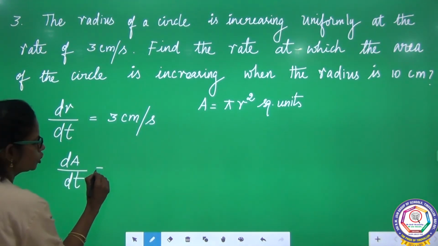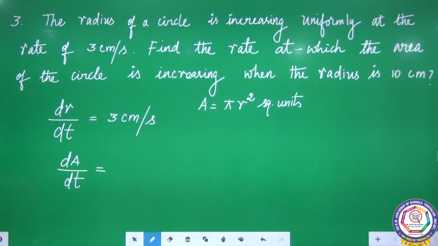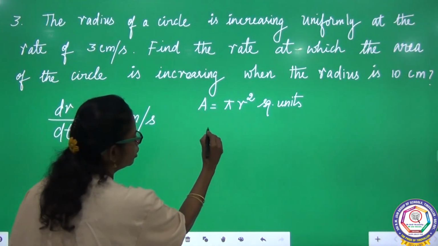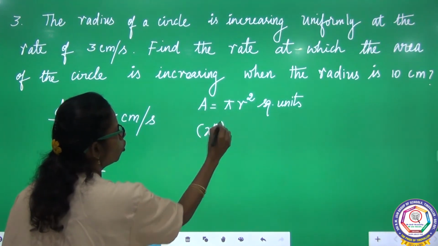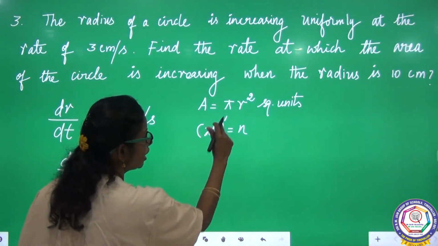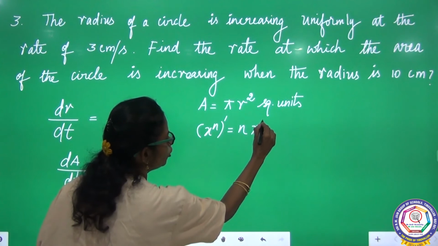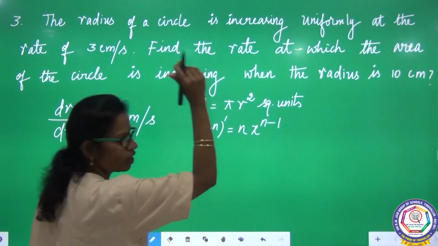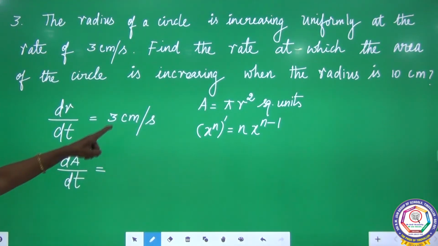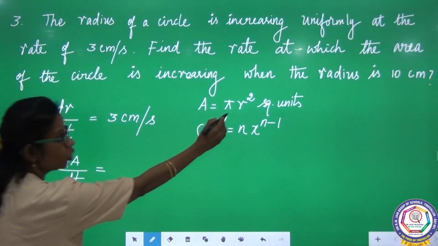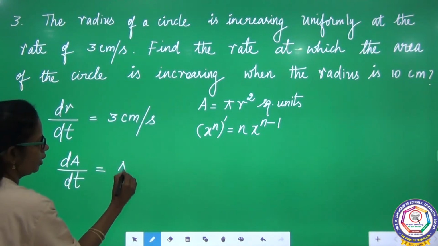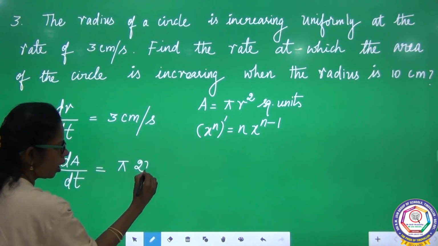Now how to differentiate? The formula I told you, right? Anybody? X power n the whole dash, that is the derivative, equal to n into x power n minus 1. Very good, right?